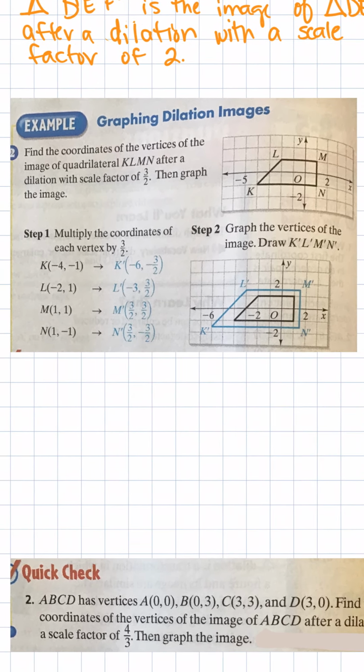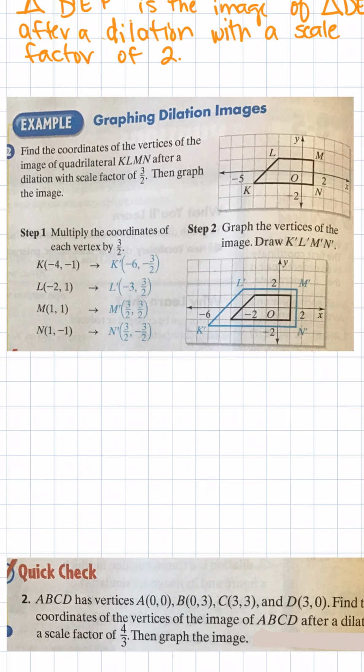So, graphing dilation images. Find the coordinates of the vertices of the image of the quadrilateral KLMN after a dilation with a scale factor of 3/2. Then graph the image.